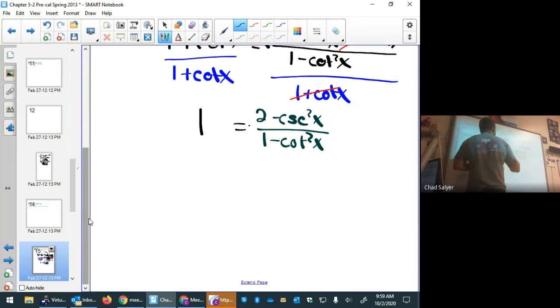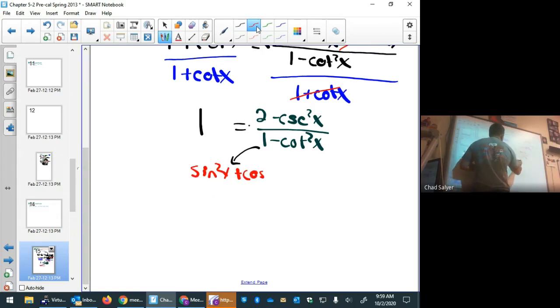So I see some Pythagorean deals going on there. So let's think about cotangent. Sine squared x plus cosine squared x equals 1. We need the cotangent, which is the cosine over the sine.